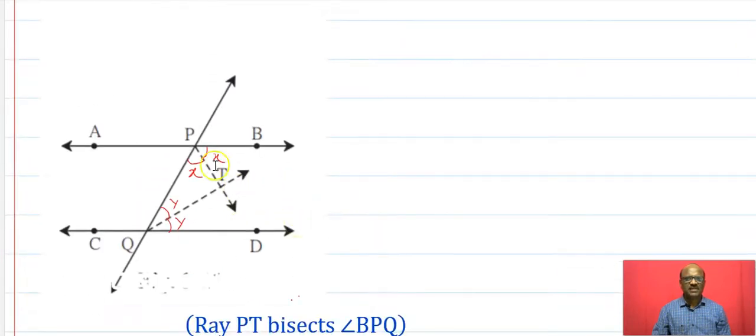Now see this here. As this is a bisector, we will treat the measure of angle BPT is equal to the measure of angle TPQ is equal to x. Also, the measure of angle PQT is equal to the measure of angle TQD is equal to y degrees. Both are the same.